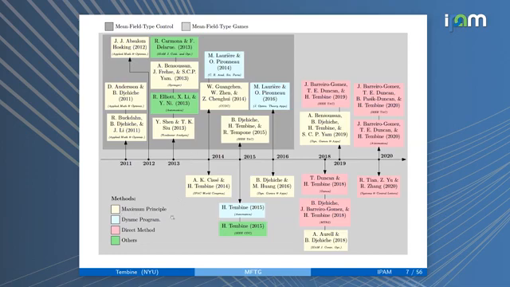The first group is about the maximum principle, Pontryagin maximum principle, calculus of variations. The second group is about dynamic programming, Bellman equations, Bellman principles. And the third group is about the direct method. It means you do calculus of variations, but you add a verification method on it, and then you do identification. It's direct in the sense that there is no PDE to solve. You just check the optimality directly.